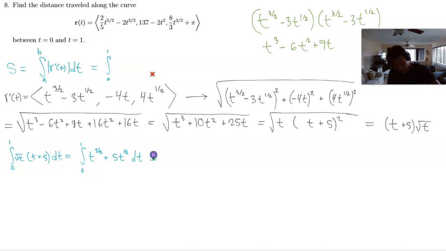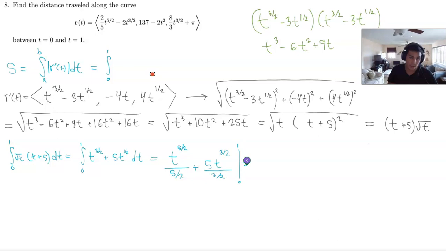Now if we integrate this, we get t to the 5/2 divided by 5/2, plus 5t to the 3/2 divided by 3/2, evaluated from 0 to 1.